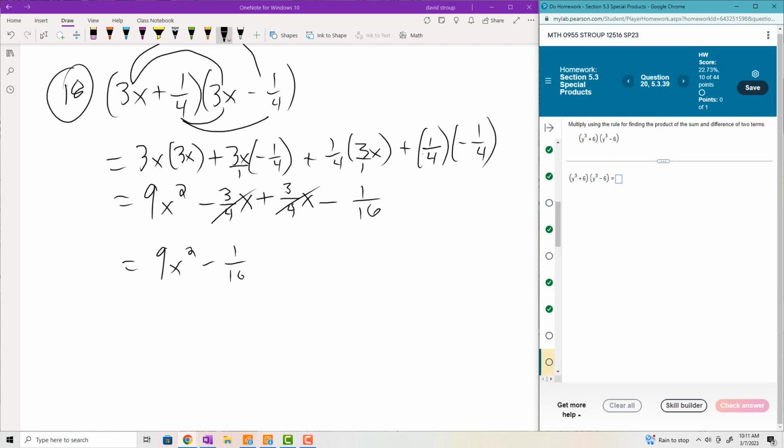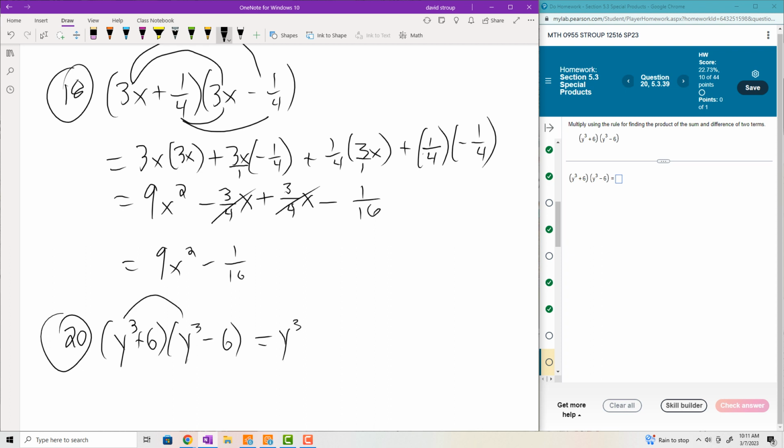And then we just have some higher degree exponents. Problem 20, y cubed plus 6 times y cubed minus 6. Okay, so first, y cubed times y cubed, outer plus y cubed times negative 6, inner, 6 times y cubed, last plus 6 times negative 6.